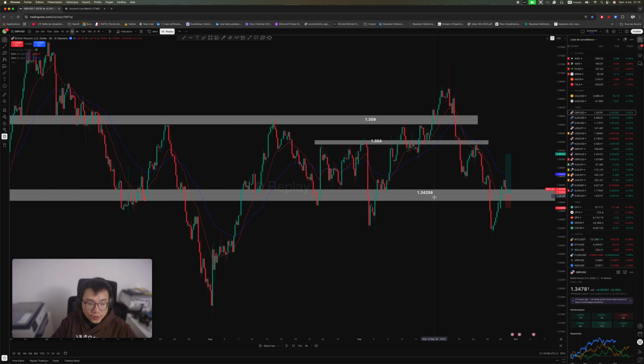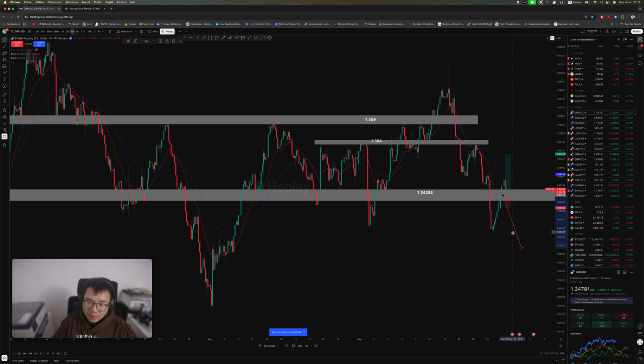The short-term bearish momentum was very, very strong. So my first intention was to take the break and retest short here. My first decision was not to go long, but simply to go short.